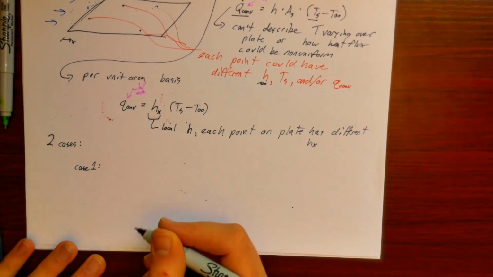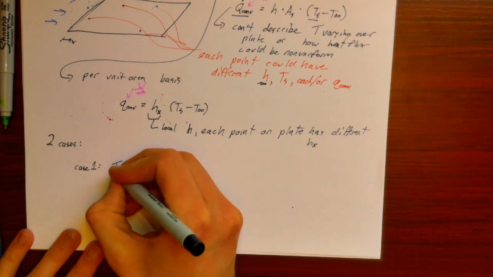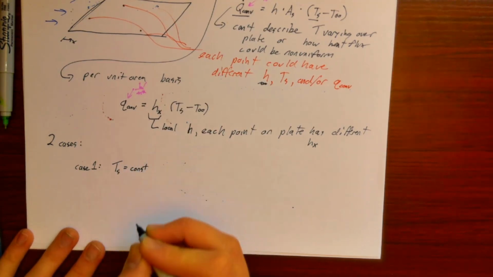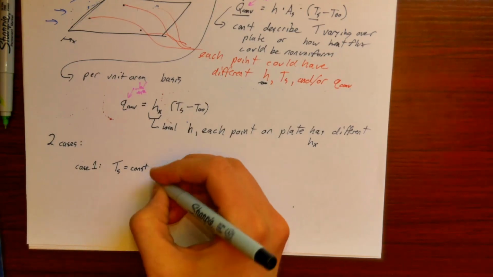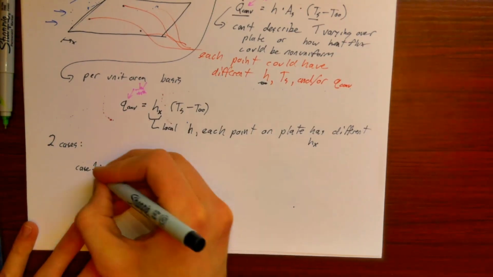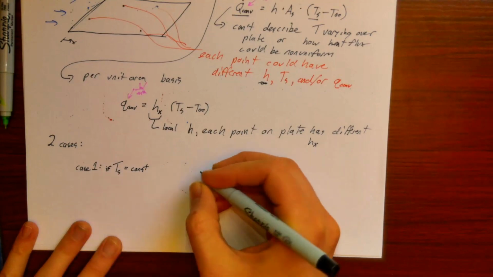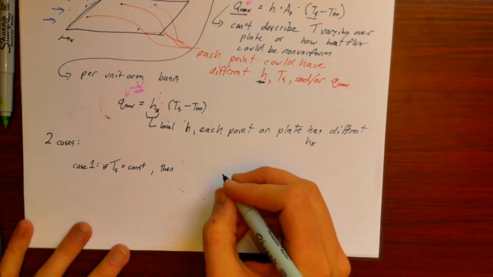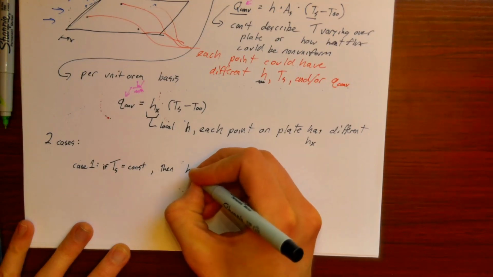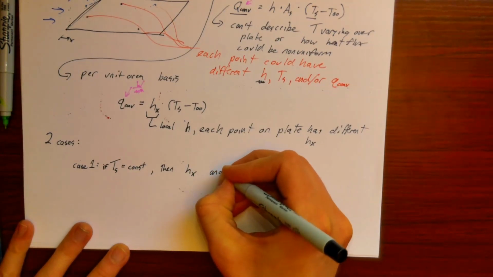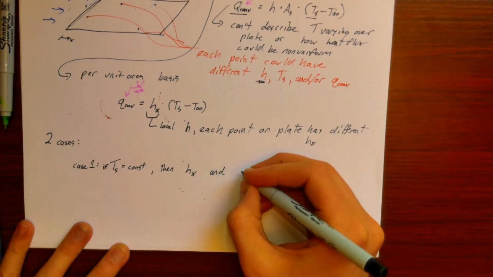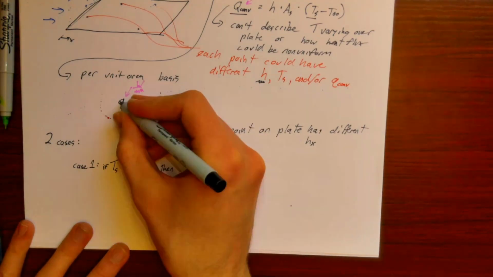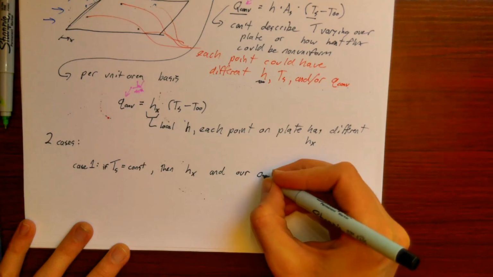which is basically, hey, we're going to assume the surface temperature is a constant. If the surface temperature is constant, then our h sub x and our heat flux, Q convection, both vary with x.